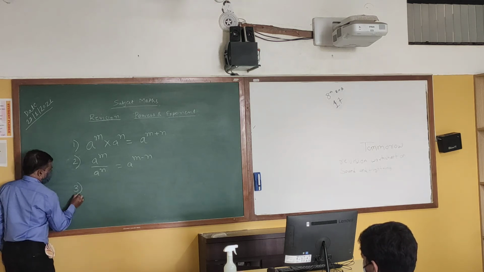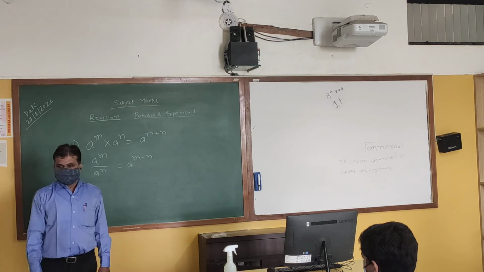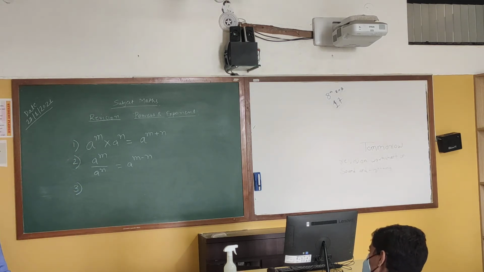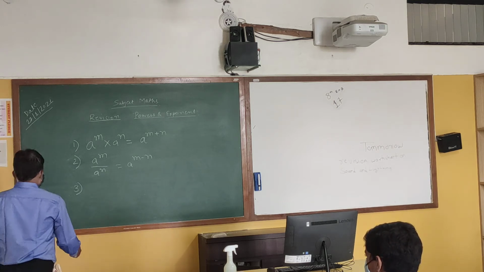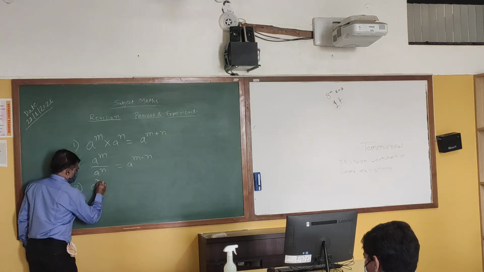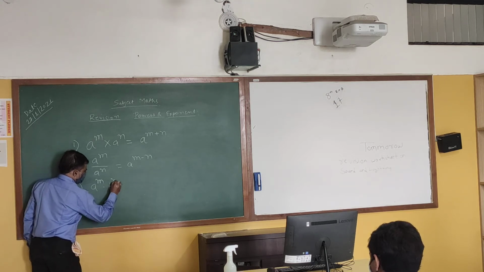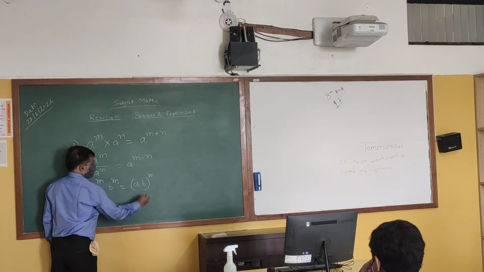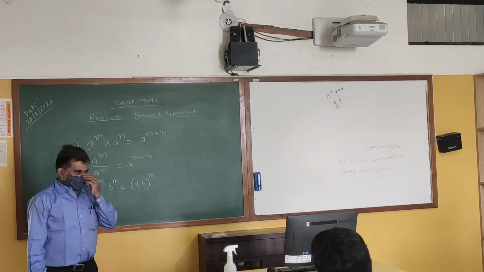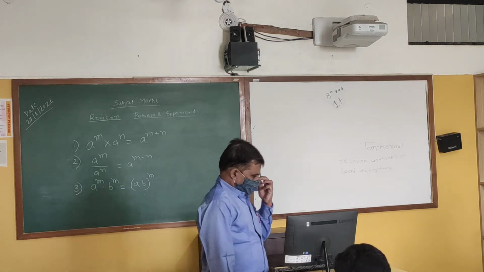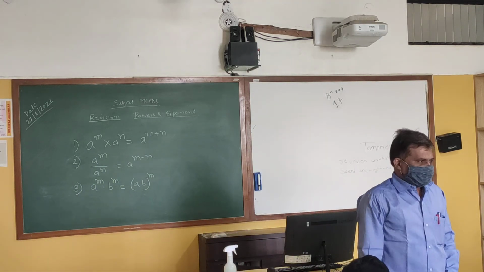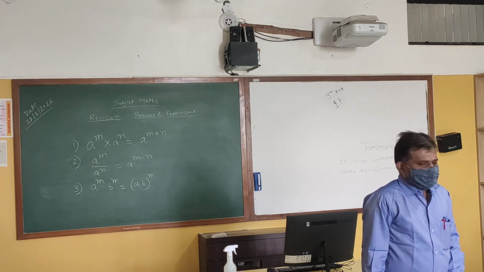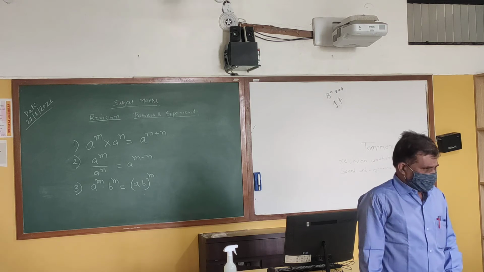Now let us come to the third rule. What is the third rule? a raised to m into b raised to m equal to ab raised to m. But their bases are different.